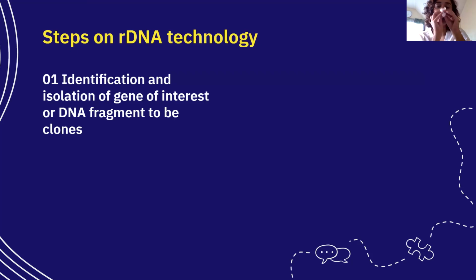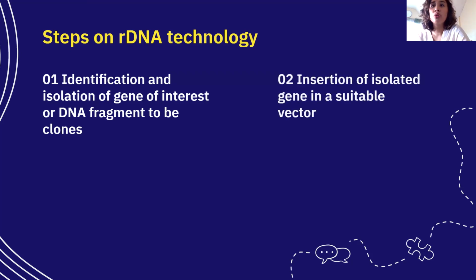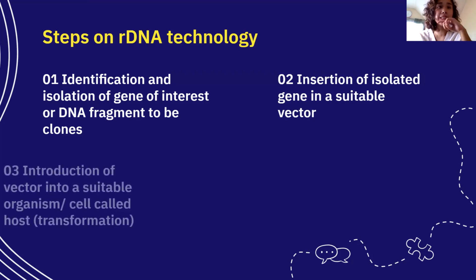So, steps on rDNA technology. Step 1, we need to identify and isolate the gene of interest or the DNA fragment to be cloned. So ano ba yung mga sources natin? Then we will insert the gene to a vector. Pag sinabi na vector, mga plasmids, bacteriophages, later we will talk about it.